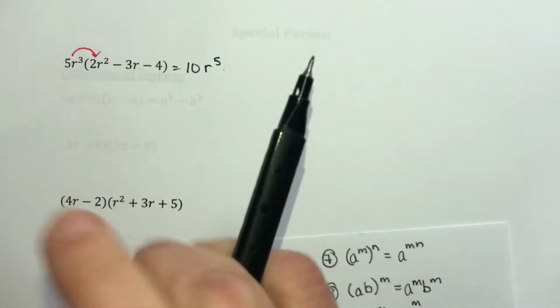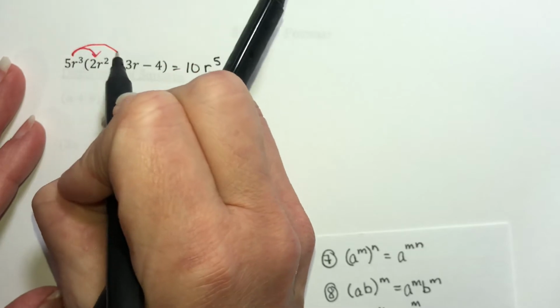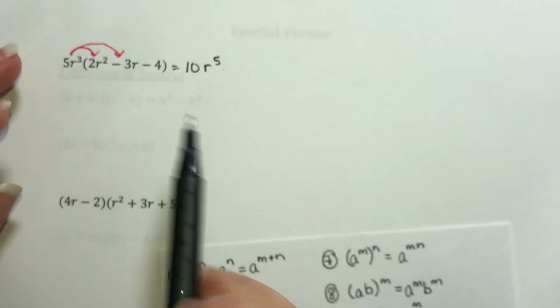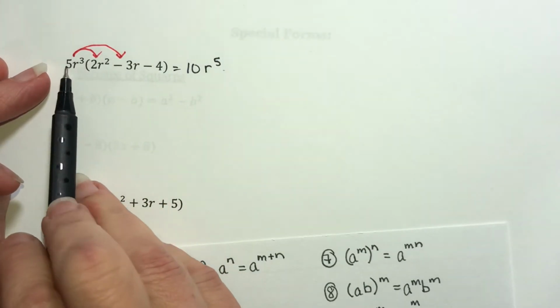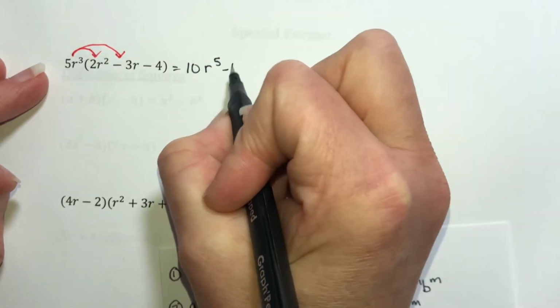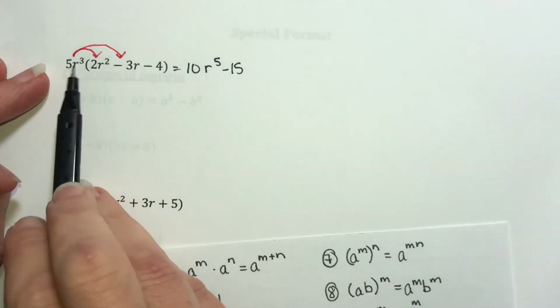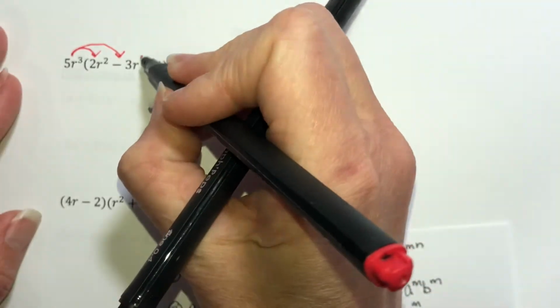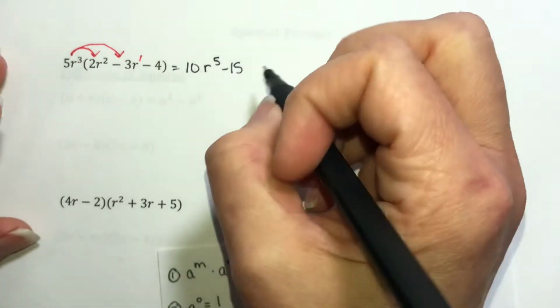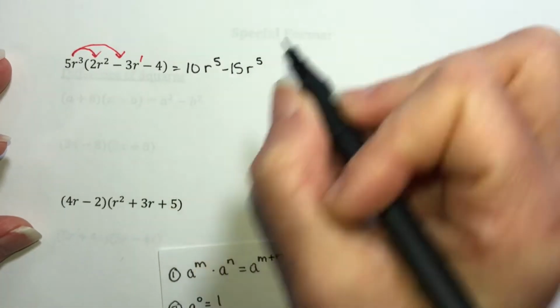Okay, now take the 5r cubed and distribute it to this minus 3r. 5 times negative 3 is negative 15. R cubed times r with that understood 1 exponent gives me r to the 5th.